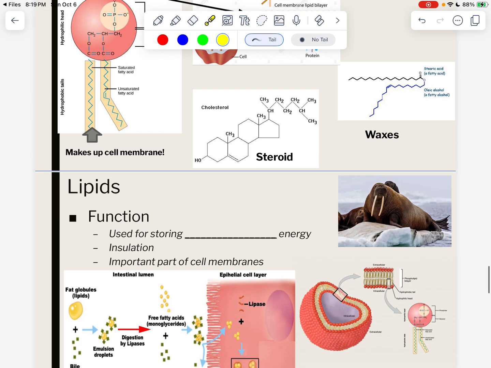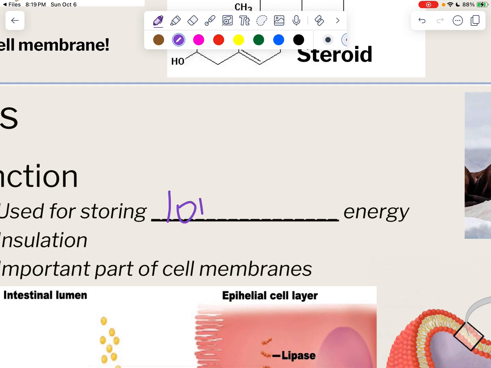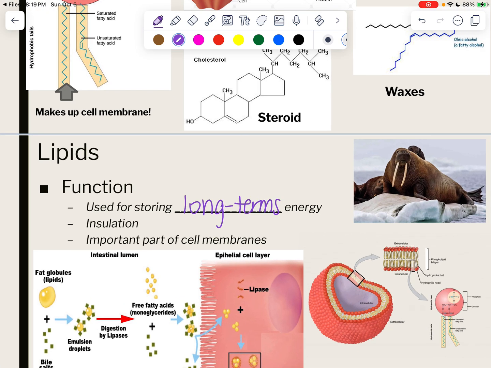All right, so the function of lipids, why do we have these things? Well, we need to have them because they are used for storing long-term energy. So your sugars sometimes convert to fats over a long period of time, or when you have an excess of carbs that you don't use, then they do convert to fats.